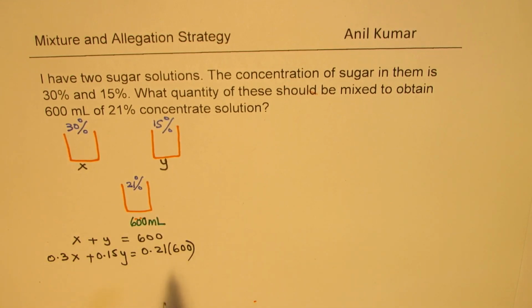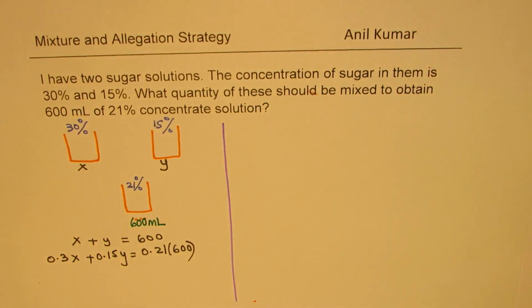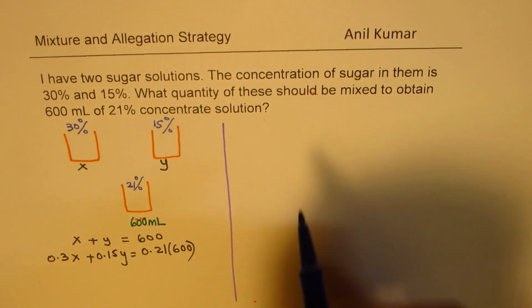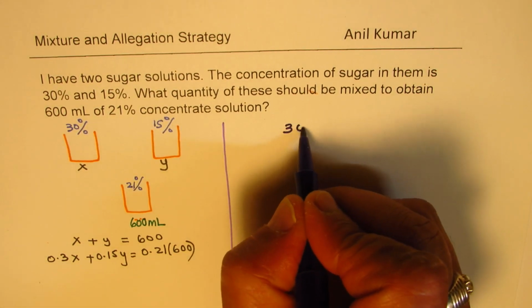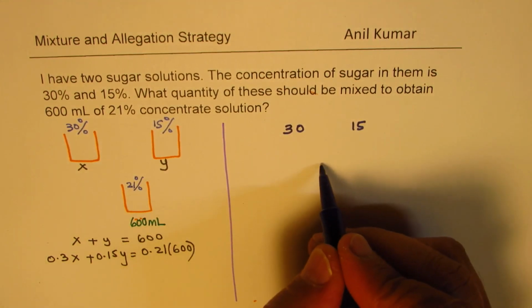Now we have two variables and they can be solved. Perfect. And you will get your solution. I'm not solving them, but we'll use allegation, which we just learned. So using allegation, we know these two quantities, which are 30 and 15%. And what we really want is 21.